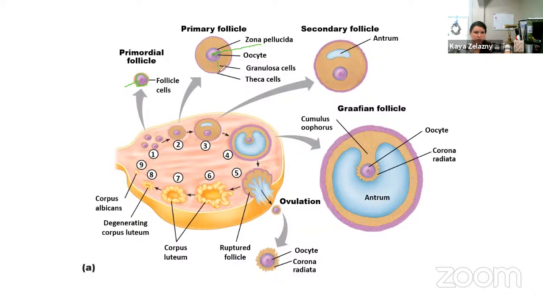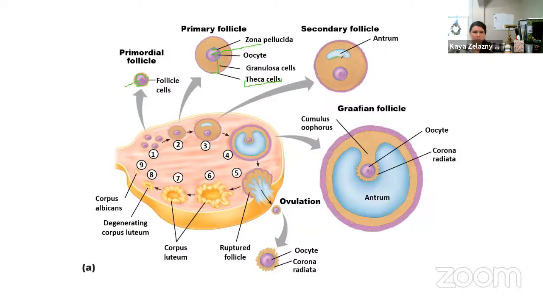So we have granulosa cells now. We even produce an outer layer called theca cells, which are involved in receiving some of these hormonal signals. We have this membrane layer between the granulosa cells and the oocyte called the zona pellucida.